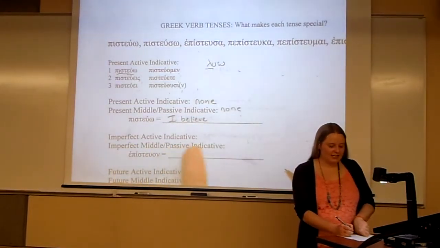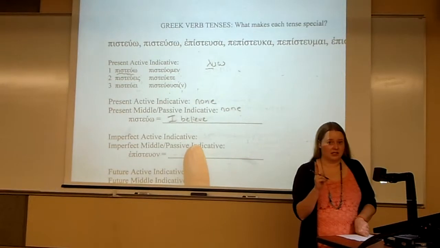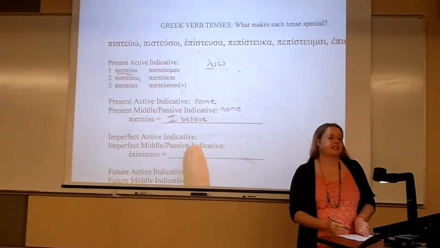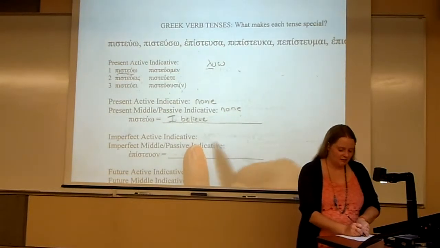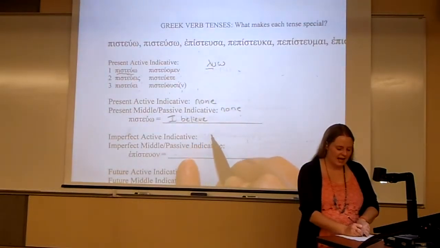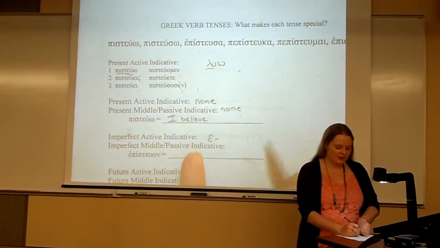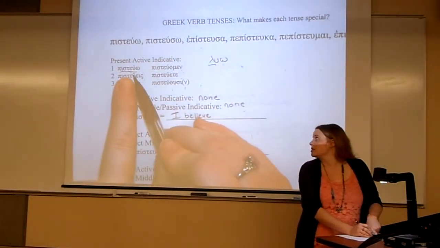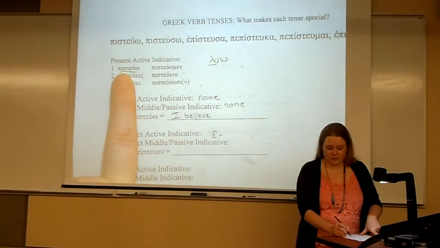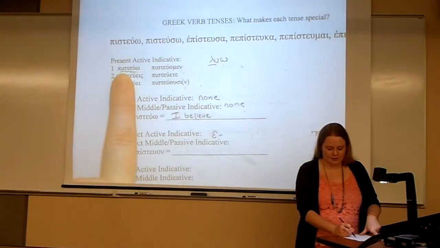The imperfect active indicative has 2 characteristics that are key, and once you begin to recognize them, you don't necessarily need to memorize the chart, you can just know what they are. The first characteristic is that it has an epsilon augment. So at the beginning, you put an epsilon. So we take the same stem, pistuo, pisteu.